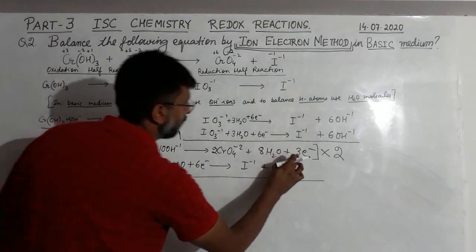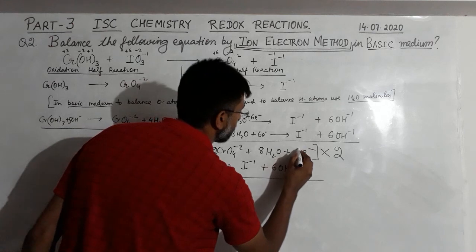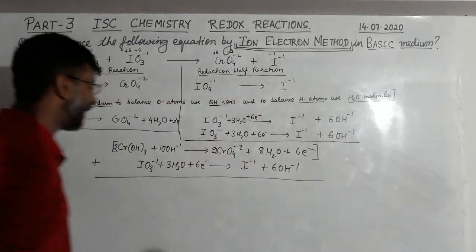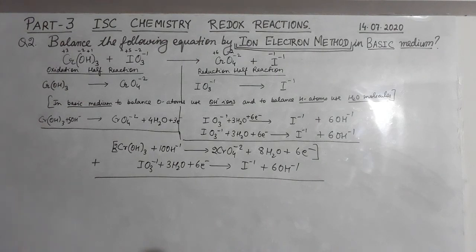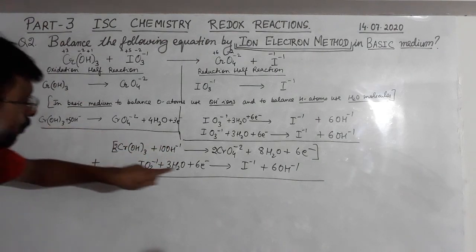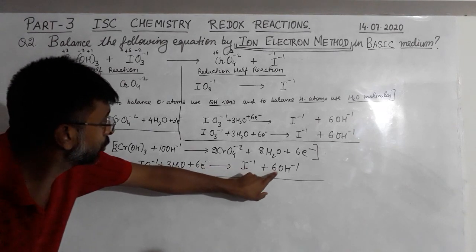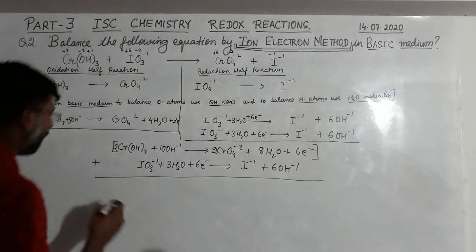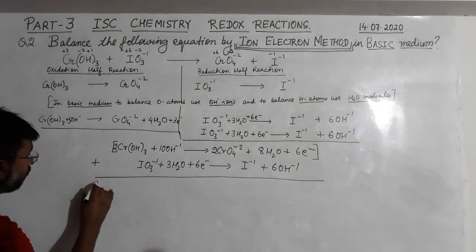It becomes 6 over here. So I can remove this now. Now I can do the addition. Now before adding, I must check. 10 OH⁻ on the left hand side. Over here it is 6 OH⁻. So 10 minus 6 becomes how much? 4.